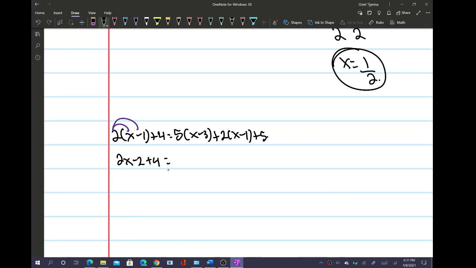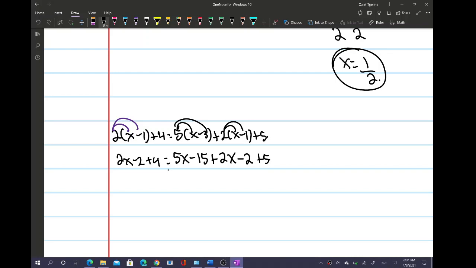2x minus 2 plus 4 equals 5x minus 15 plus 2x minus 2 plus 5, right? Then you're going to combine like terms.